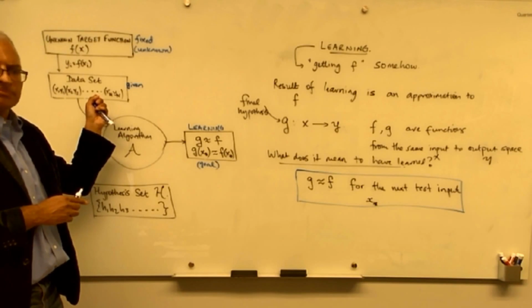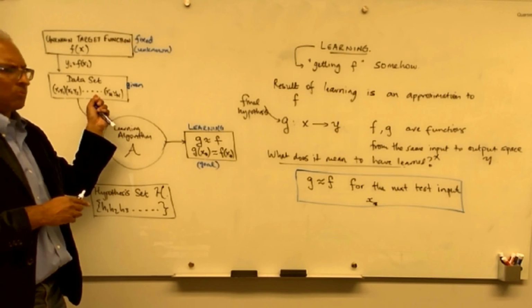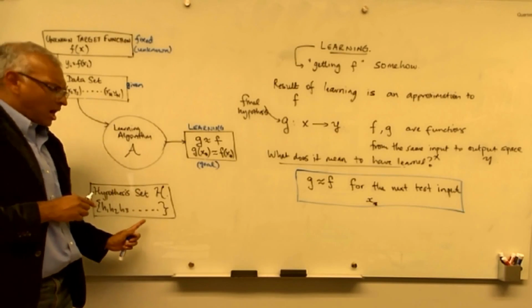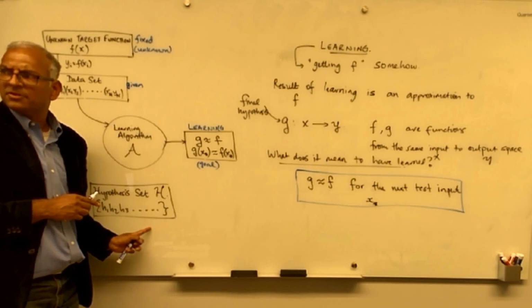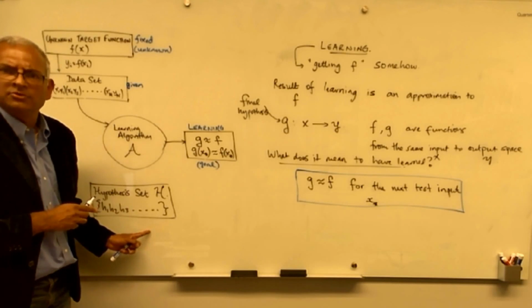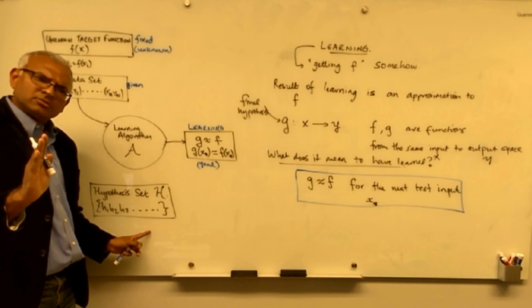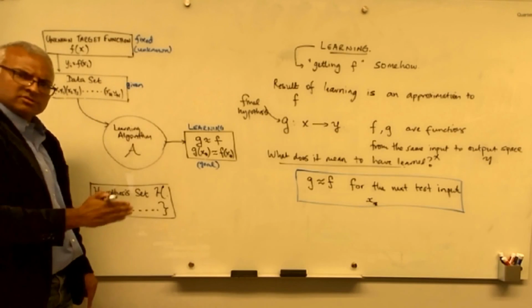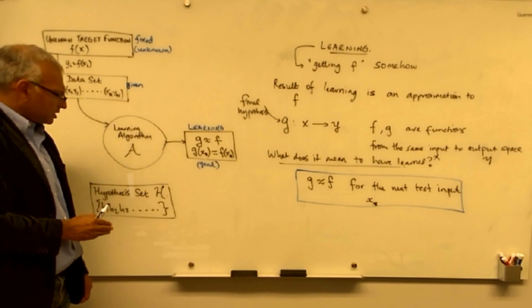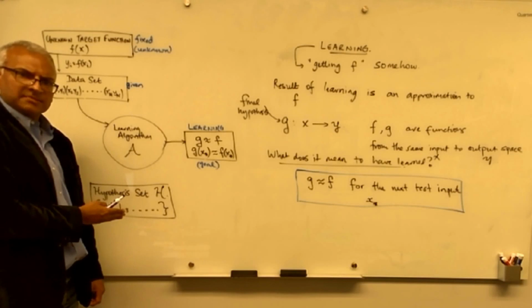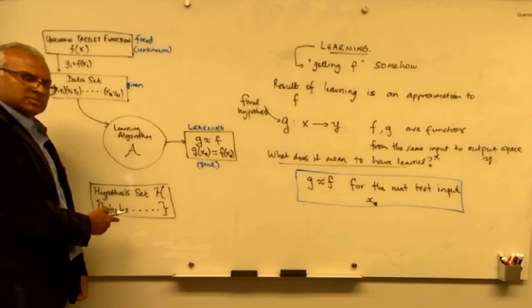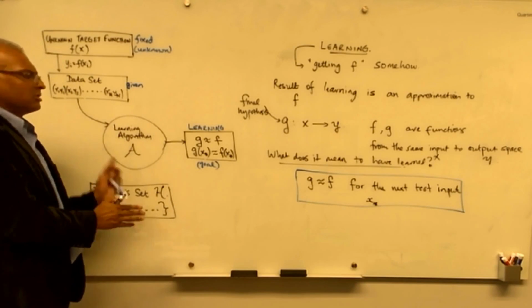Now you might wonder, whoa, how am I going to fix that hypothesis set? How do I know how to fix it? But we're not going to worry about that for the moment. For the moment, we're just setting up a very general framework. And I'm going to argue that it is without loss of generality. So I'm not telling you what to fix it to. I'm just saying it is fixed ahead of time, before you see the data.